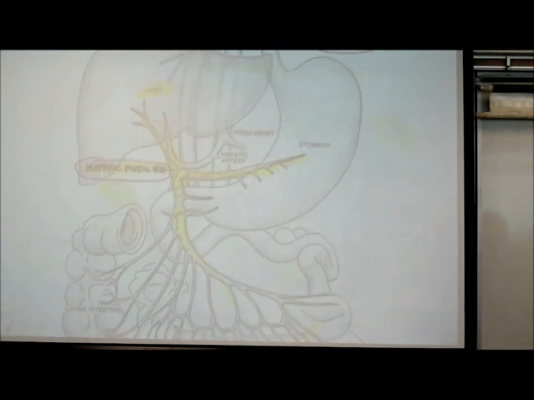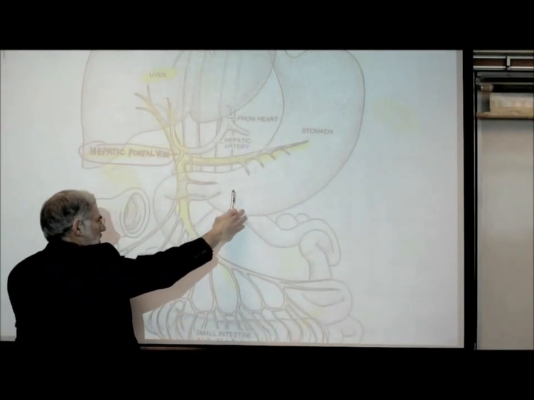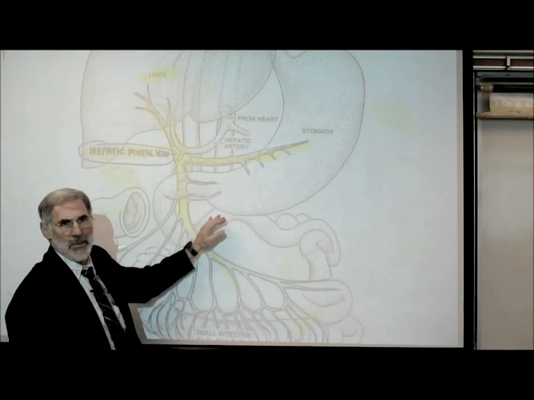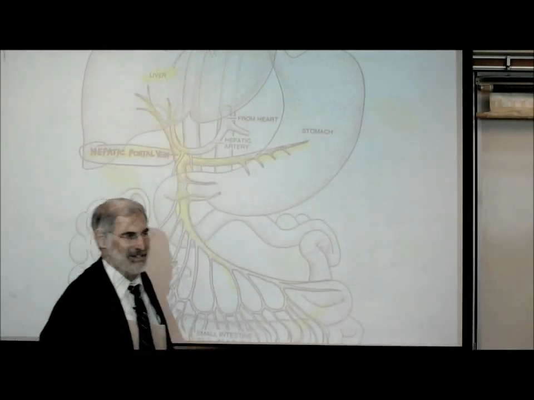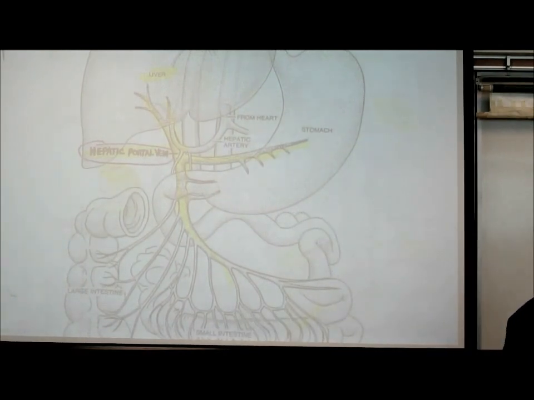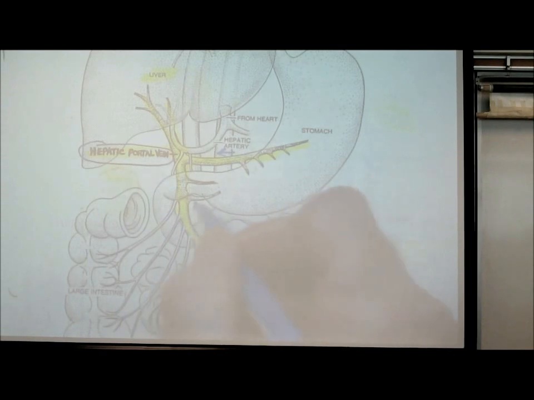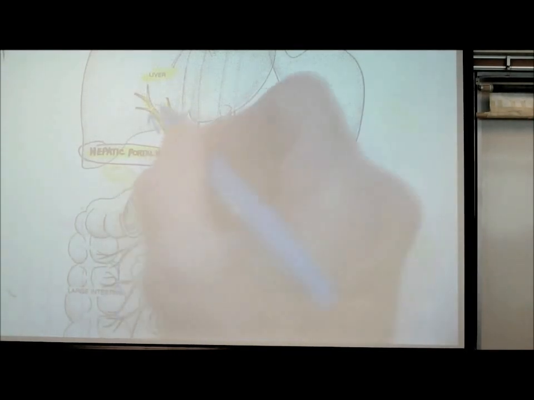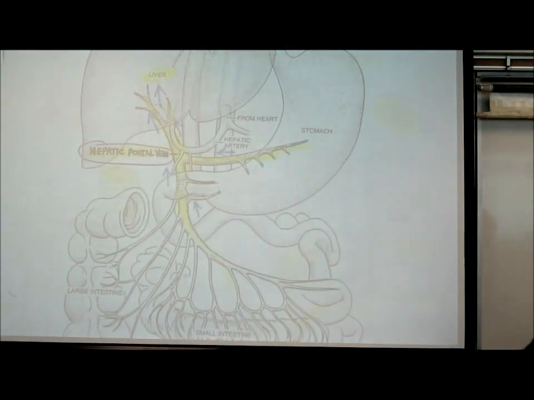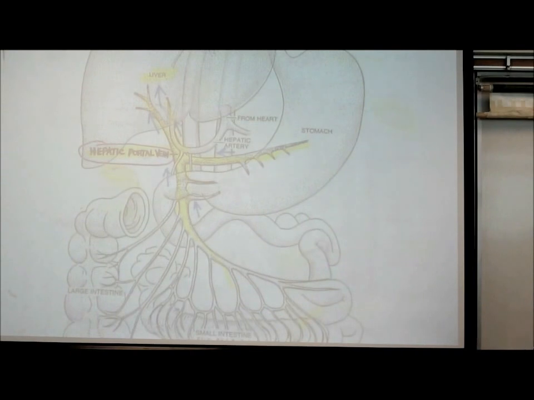We learned last class meeting that all of the water-soluble nutrients that were absorbed into the bloodstream from the stomach and intestines were carried by the hepatic portal vein where? To the liver. So all these nutrients that were absorbed from the digestive tract are being carried to the liver by the hepatic portal vein.